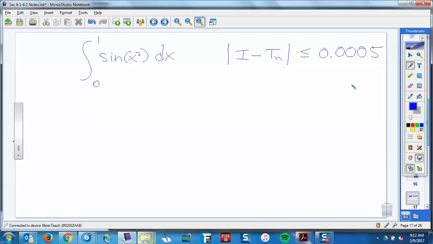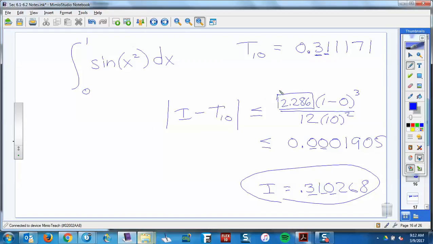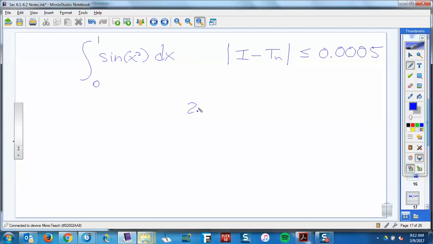Well, it's easy. We take our formula. The only thing that will change is we won't plug in a 10 there, we'll plug in an n. We use 2.286, so we've already done that part.